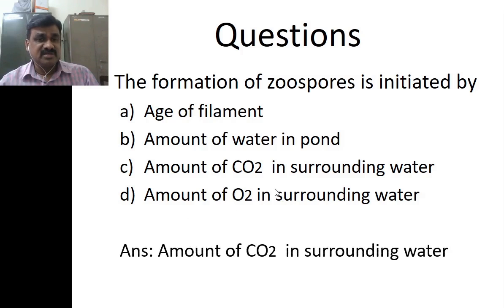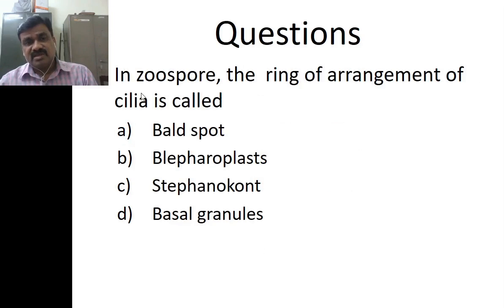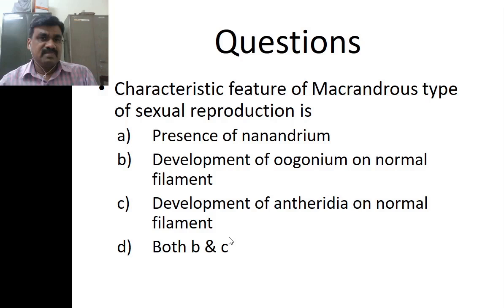The correct answer is carbon dioxide concentration in surrounding water. Then, in zoospore, the ring arrangement of cilia is called: bald spot, blepharoplast, stephanocont, basal granule. The correct option is C, stephanocont.